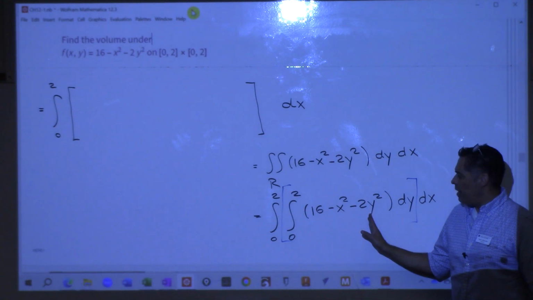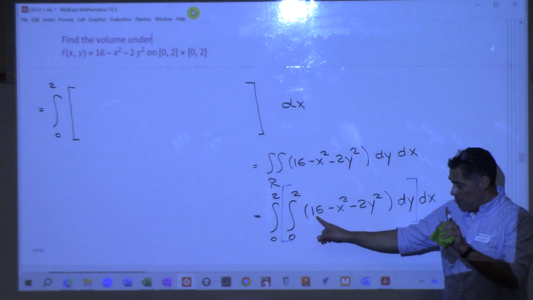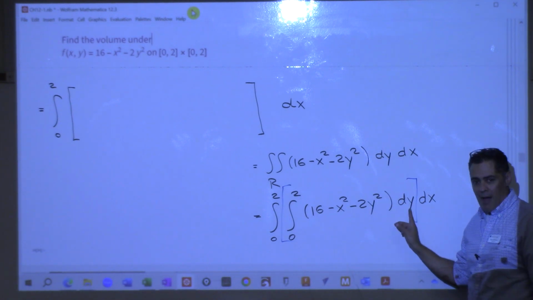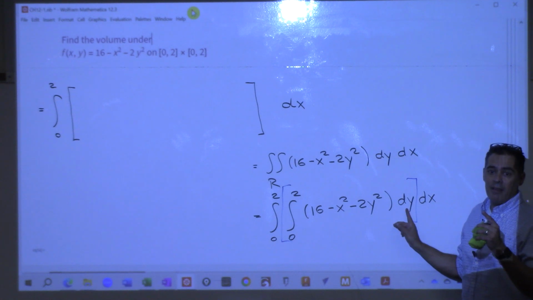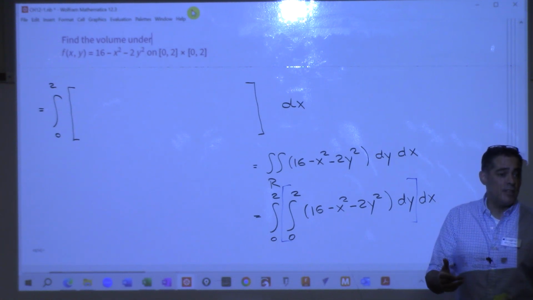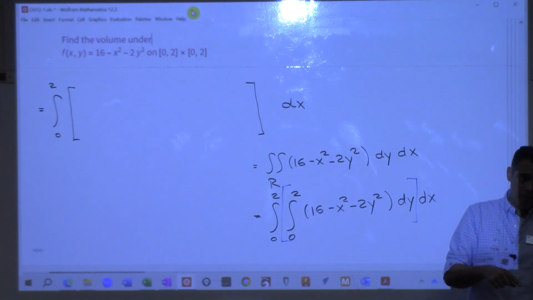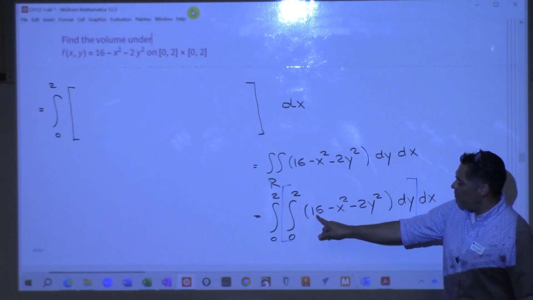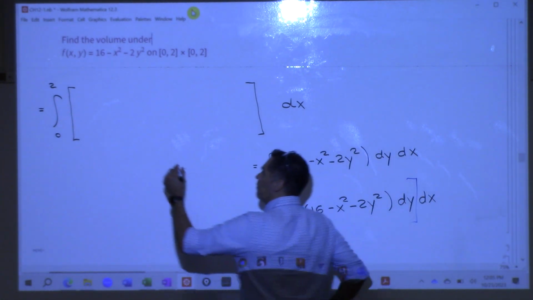What's the antiderivative of 16 with respect to y, treating y like your variable and treating x like a constant? So this is just like partial derivatives, but we're going backwards. So the antiderivative of 16 with respect to y would be 16y.